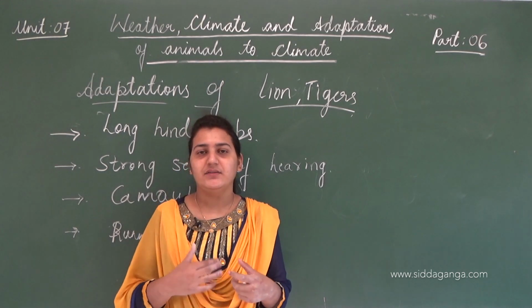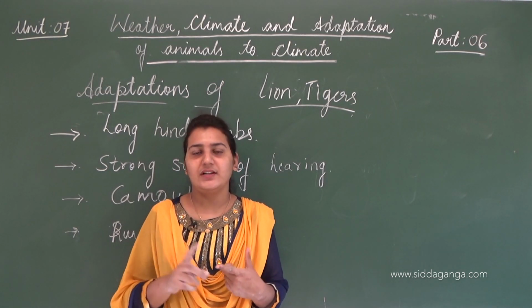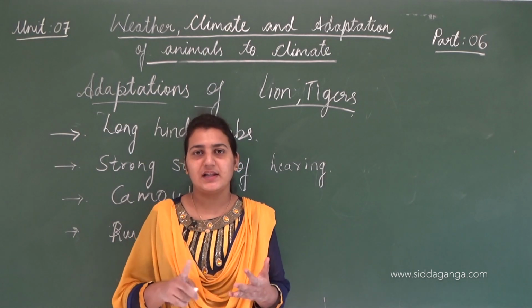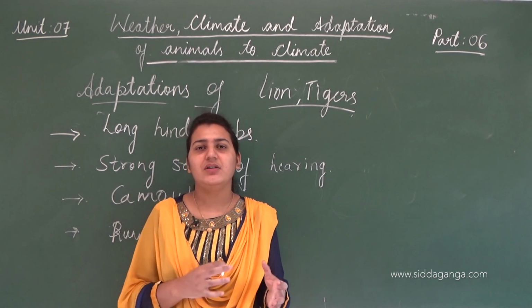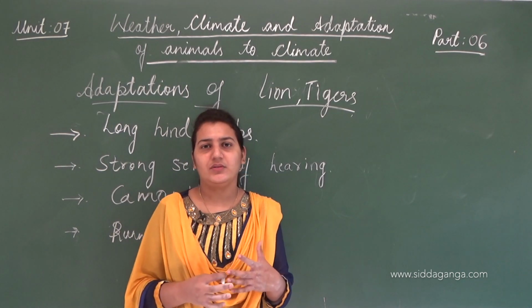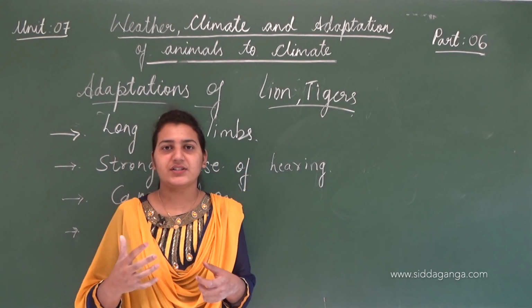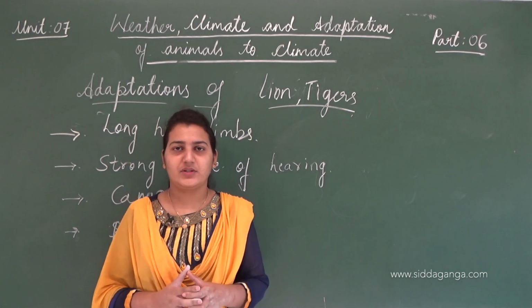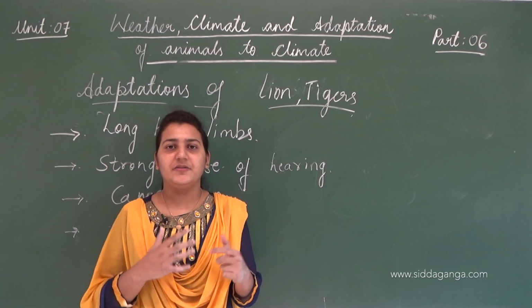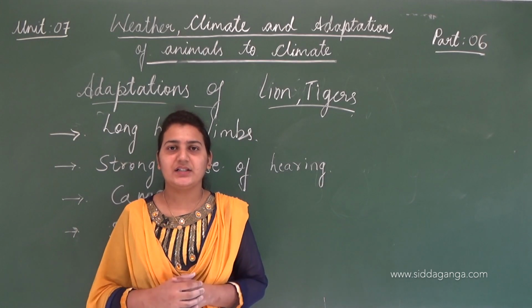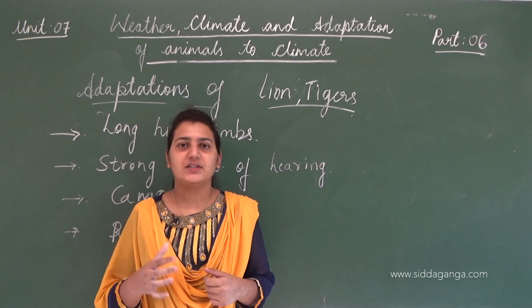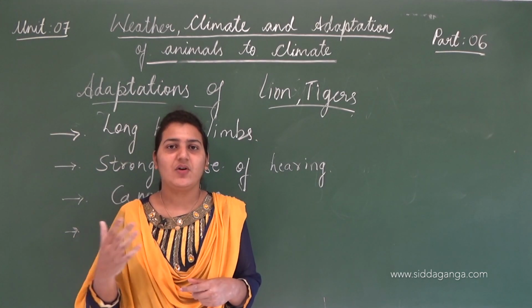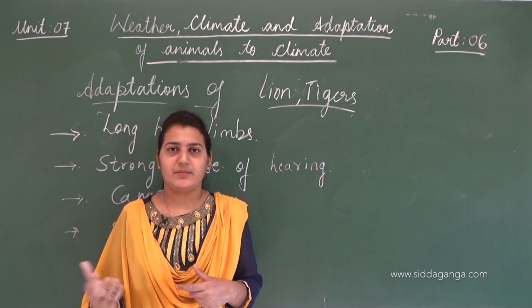Here we have seen the adaptations of elephants, bearded apes, monkeys, lions, tigers, etc. These are all different modifications or body adjustments that animals have to survive in different climatic conditions. So this is all about the chapter weather, climate and adaptations of animals to different climates.